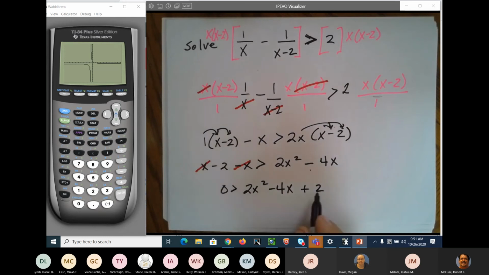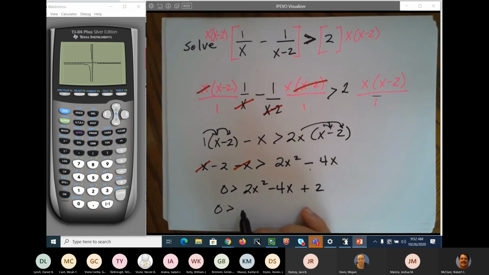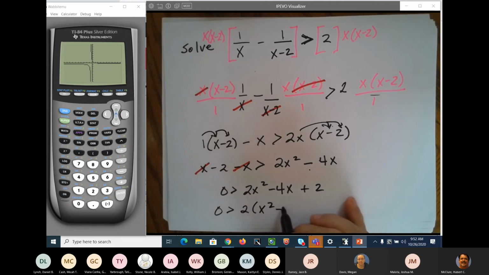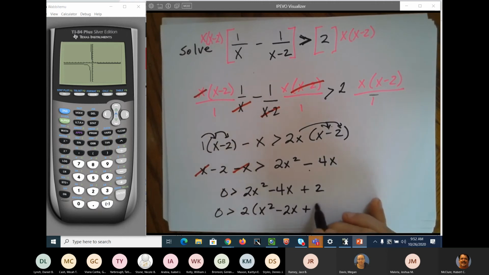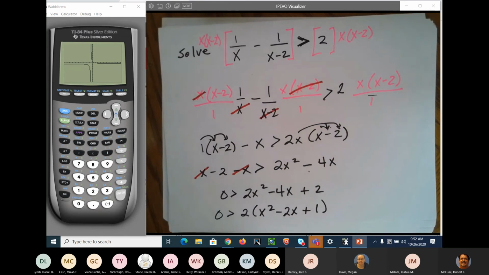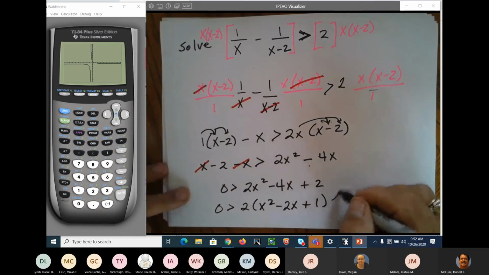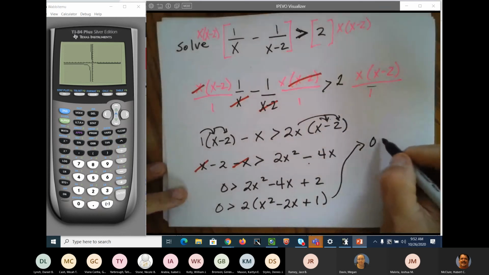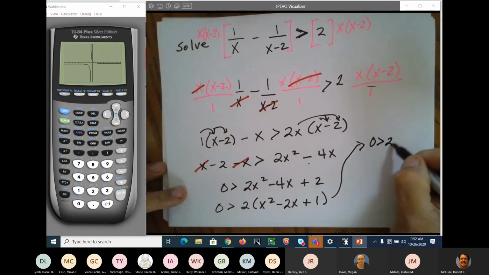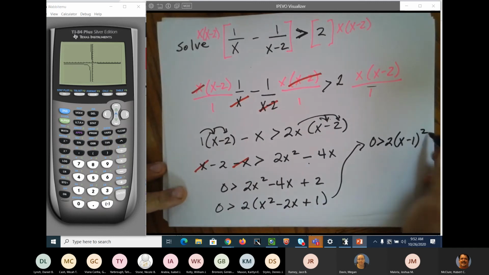Now you can factor a 2 out. 0 is greater than 2 times x squared minus 2x plus 1. That's shortcut number 2, which will give you 0 is greater than 2 times x minus 1 quantity squared.